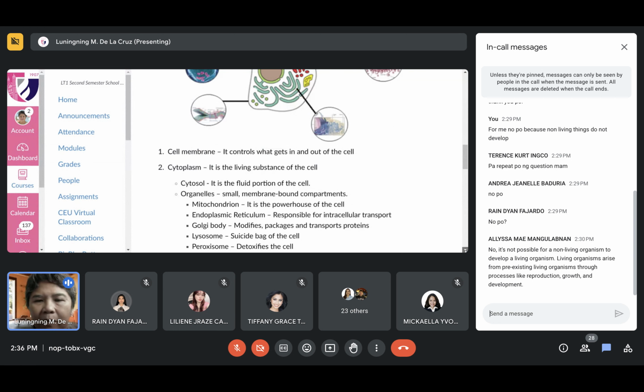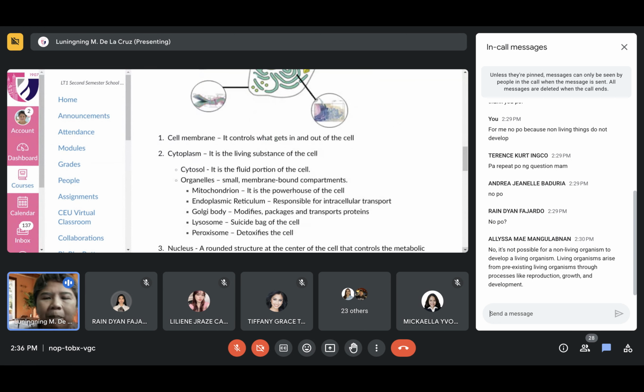Then we also have the Golgi body. They are the packaging center of the cell. They transport the protein, okay, from the cell. Then we have the lysosome. The lysosome is known as the suicide bag of the cell. Okay, it is similar to our digestive system.